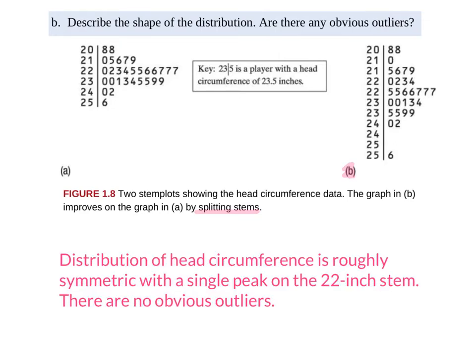And with that being said, I don't see any obvious outliers because there's nothing that is drastically larger down here or drastically smaller as far as head circumference goes. So formally we would just say distribution of head circumference is roughly symmetric with a single peak on the 22-inch stem, and there are no obvious outliers.